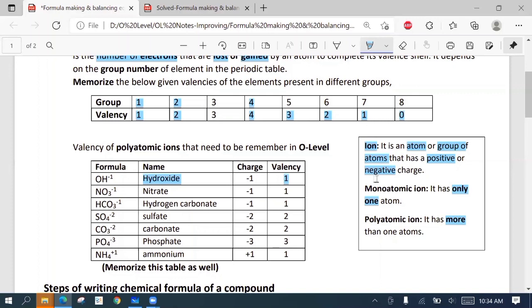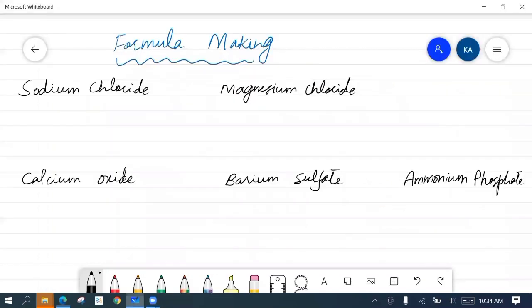If we ignore the sign of the charge, then we get the valency. Similarly, for nitrate, it's 1. In this way, we can easily memorize all the valencies of polyatomic ions, and then we can easily make the formula of an ionic compound.